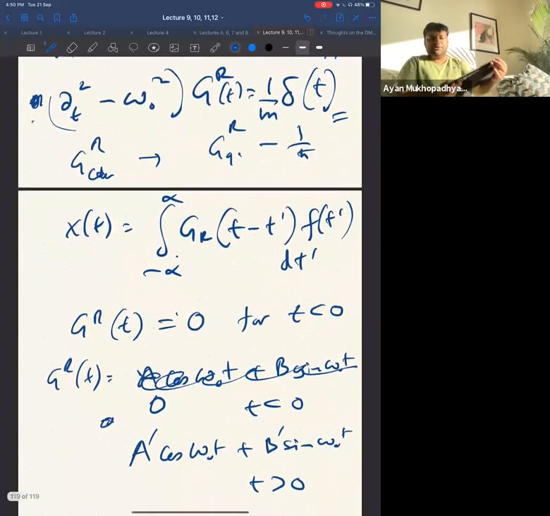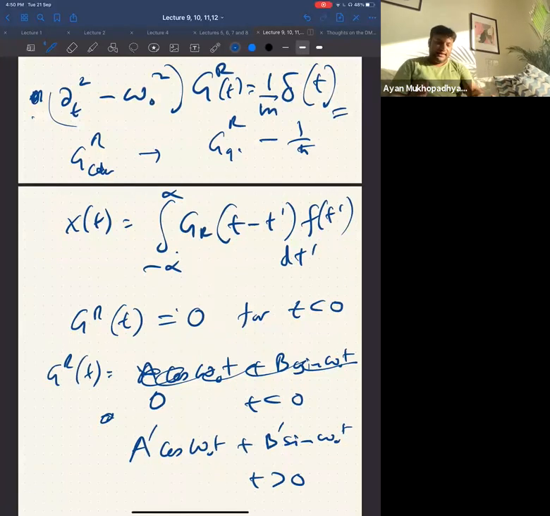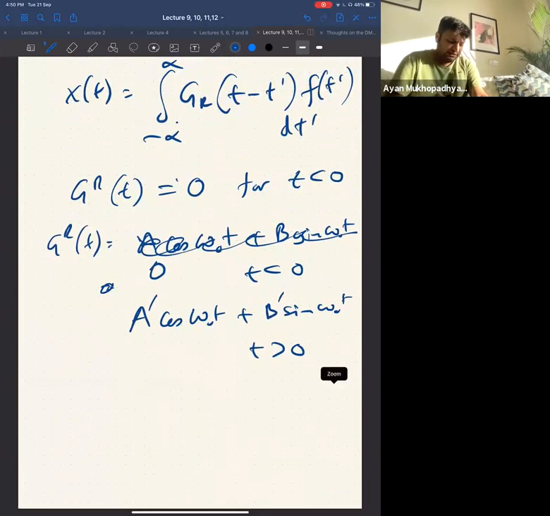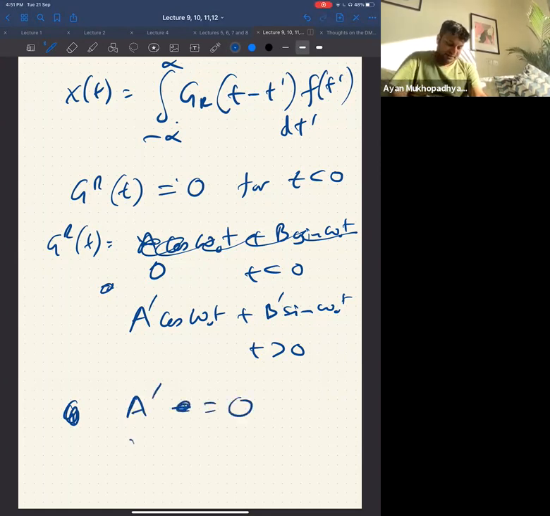If the function is not continuous, I cannot take the two derivatives. The first derivative can have a discontinuity that gives a delta function. I will explain that later. So if it is continuous, we should get the condition that A prime should be equal to 0, so that G_R(t) at t equals 0 plus is 0 also.